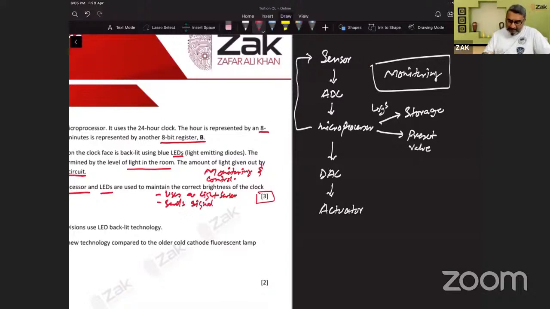The sensor sends signal to the microprocessor. उसके बाद the signal is converted to digital form using an analog to digital converter.